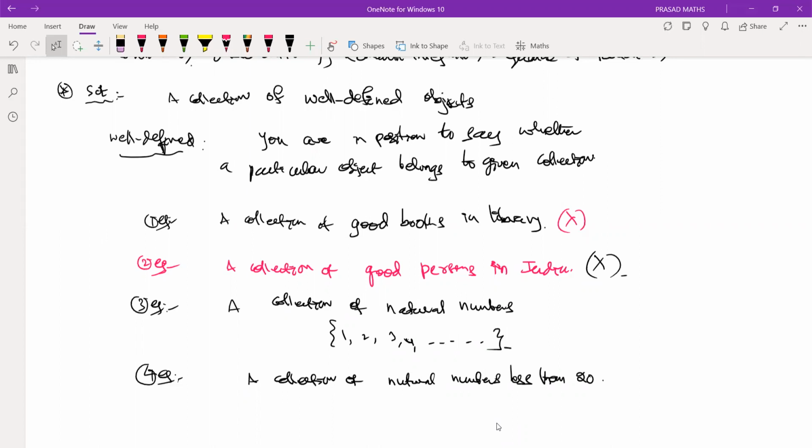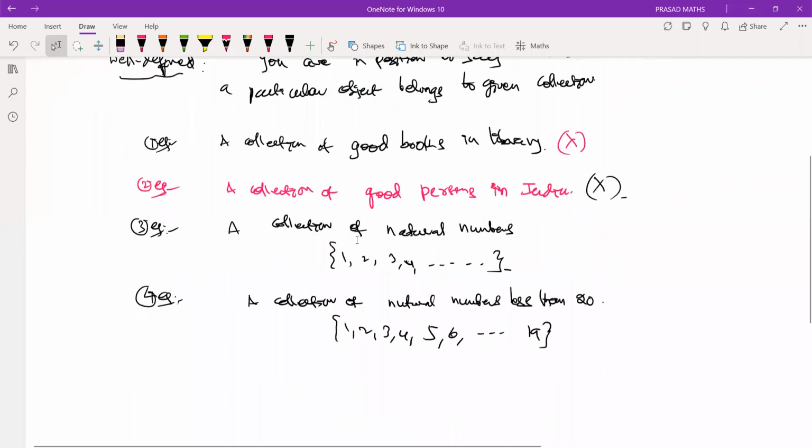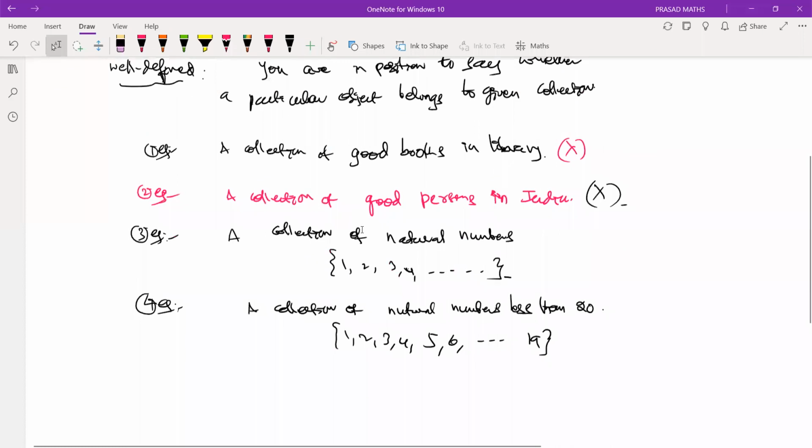So anywhere, natural numbers which are less than 20 are always the same. For any person, it is the same. So therefore, this is a well-defined collection. Now you can understand what is meant by well-defined. You can say automatically whether the particular object, whatever you take, belongs to the given collection or not. If that happens, the given collection is a well-defined collection, right?